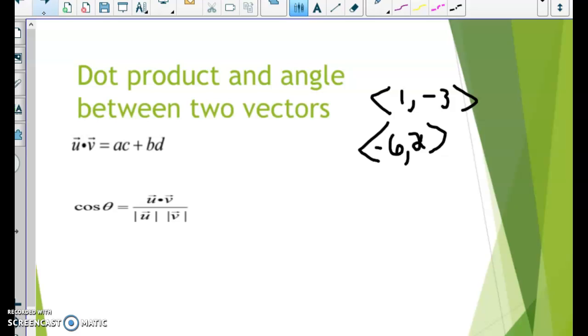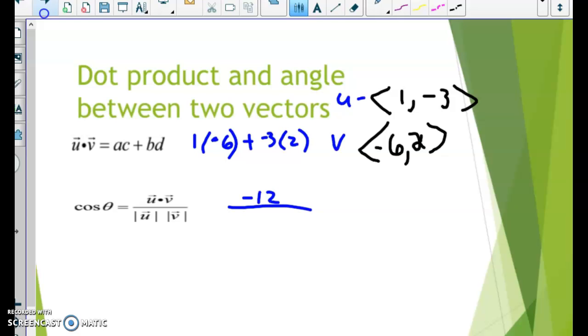Dot products and angles between vectors. If I have a couple of vectors here and I want to do the dot product, I would take 1 times negative 6 plus negative 3 times 2, and I get negative 12, divided by the, well, I'm going to call this one u and I'll call this one v, the square root of 10 times the square root of 40, we'll call it 400 for the fun of it.